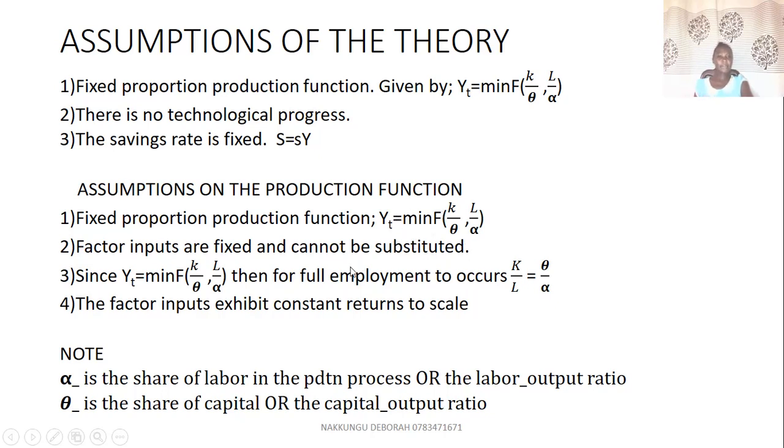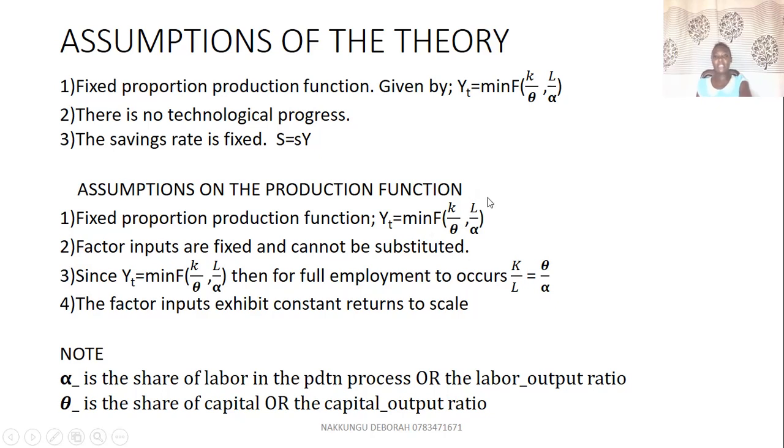The second assumption about the production function is that the factor inputs are fixed and they cannot be substituted. As I said, it's a fixed proportion production function, meaning that there is no way we can substitute these factor inputs, but these factor inputs can complement each other. So if you're using 50 units of labor and 20 units of capital, it means that you cannot substitute.